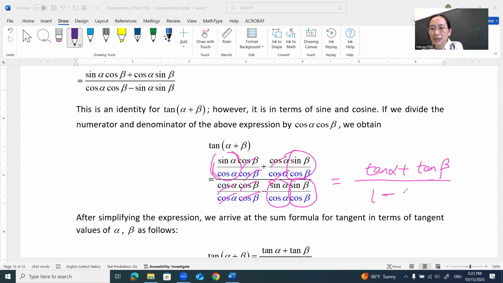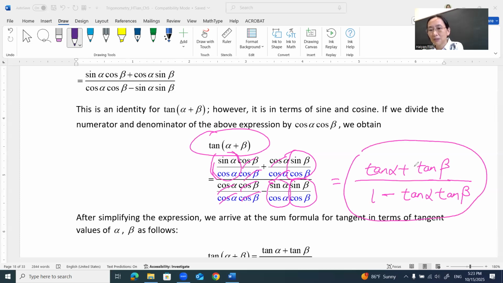So 1 minus tangent alpha tangent beta. Now the tangent of alpha plus beta becomes a quantity in terms of tangent alpha and tangent beta. So we don't have to use the sine and cosine of alpha and beta to calculate the tangent of the sum.